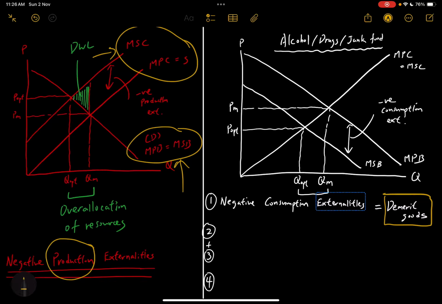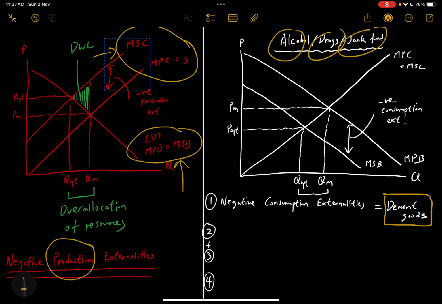When we look at some quick examples, like let's say alcohol, drugs, or junk food, you do see that when people consume these goods, there must be some kind of negative consequences, not to yourself only, but also to the entire society. Alcohol, when people drink it, might increase the chances of having violence in the society when people are intoxicated.